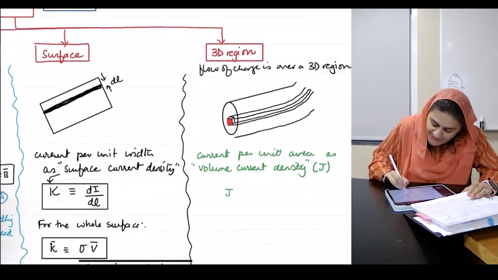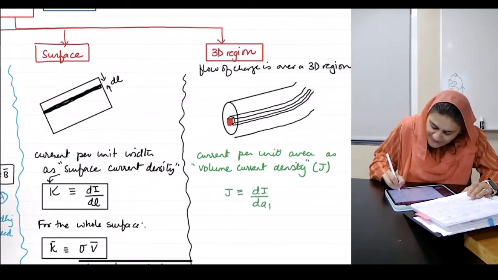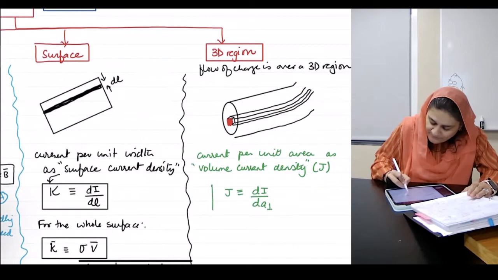And J is defined as DI over DA perpendicular.